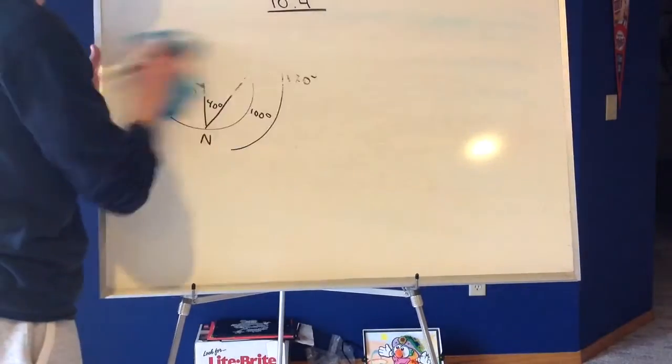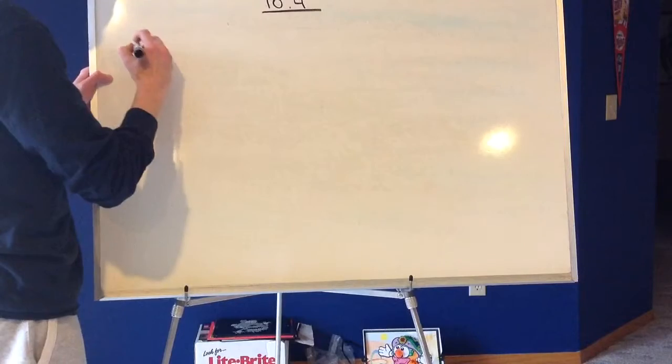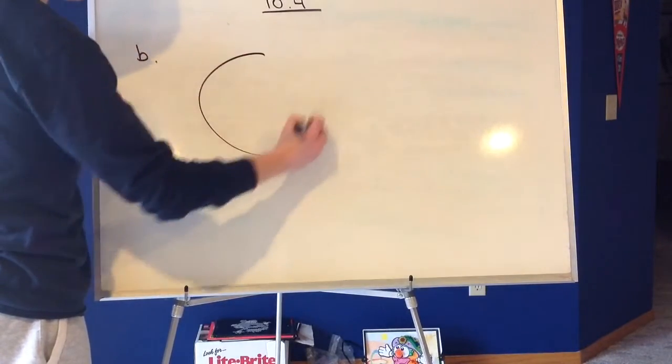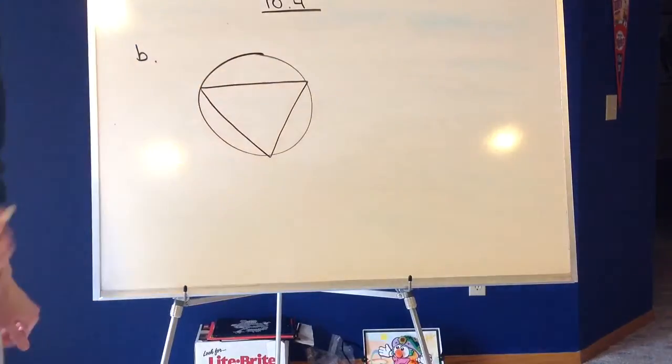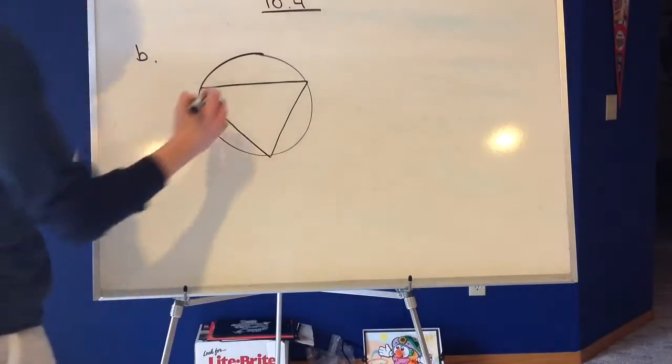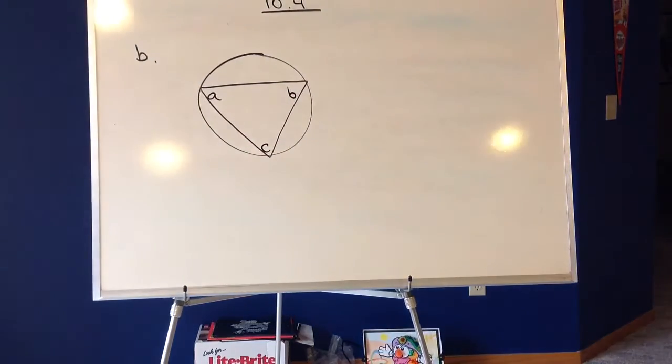For B, they put an inscribed triangle. So they've got the triangle on the inside. They've got your angles A, B, and C that you are looking for.